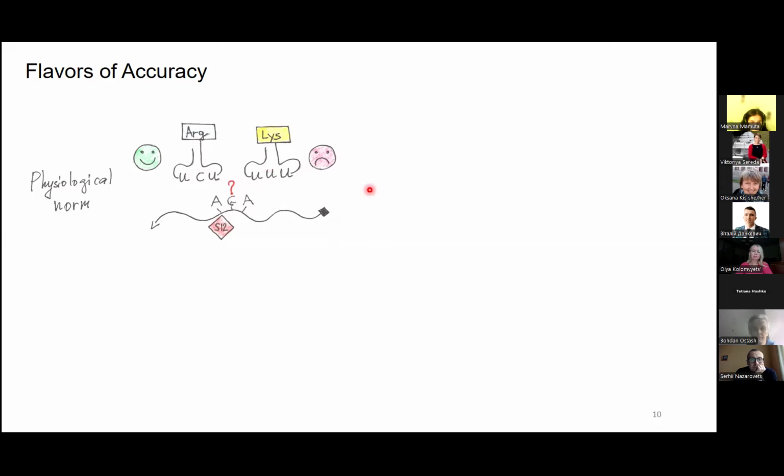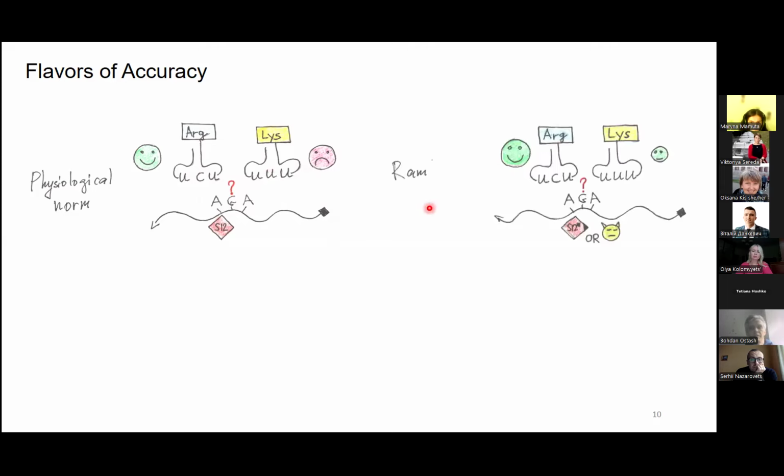But if we treat cells with streptomycin, or if we mutate a single protein within the ribosome, so the ribosome itself is a protein complex, a huge protein complex, the cell becomes indifferent to what it includes into the protein. It could include arginine, it could include another amino acid, and it would produce a wrong protein, maybe even a toxic protein, but it would do that.